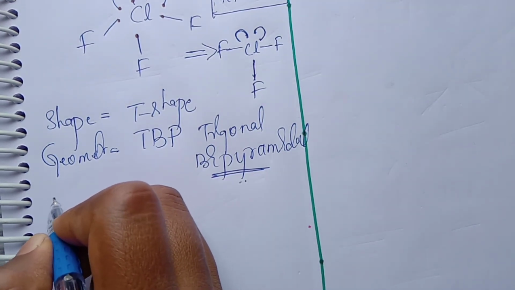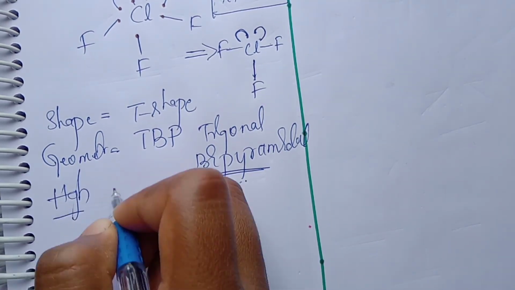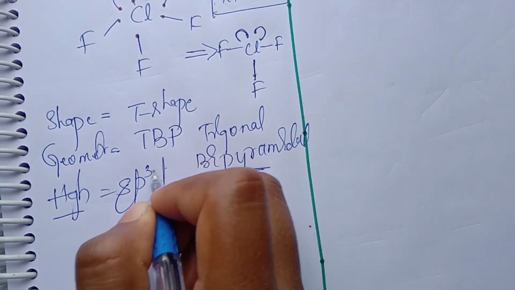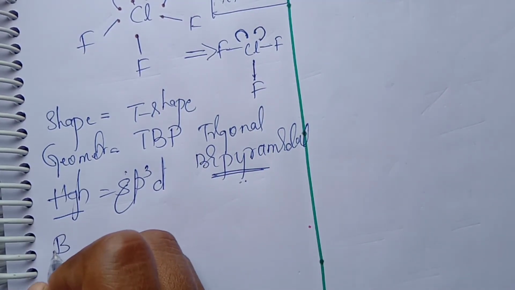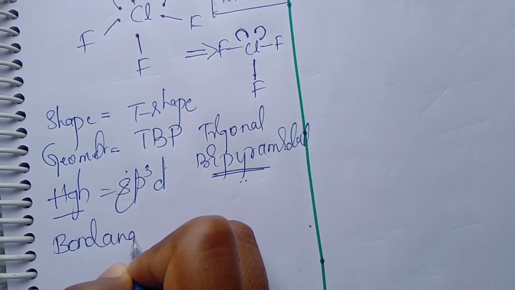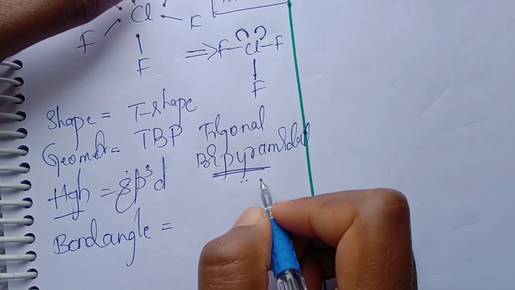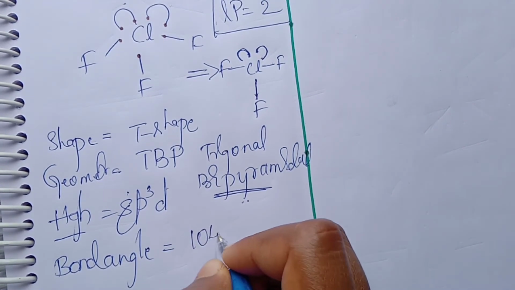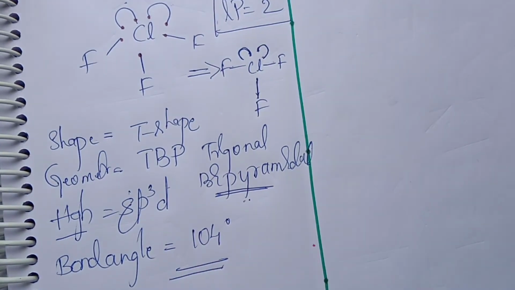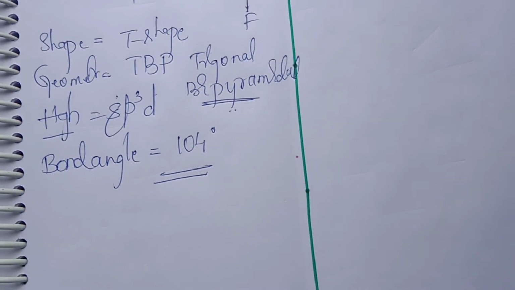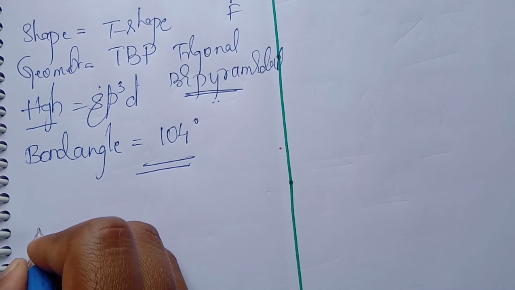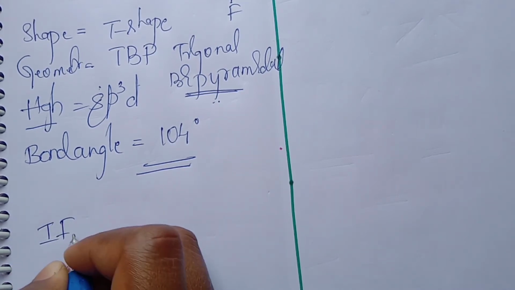Then hybridization: sp3d, 3 4 5 s. Then bond angle. Here 2 lone pairs are present, so it acquires 104 degrees. Likewise you have to do some of the problems yourself.